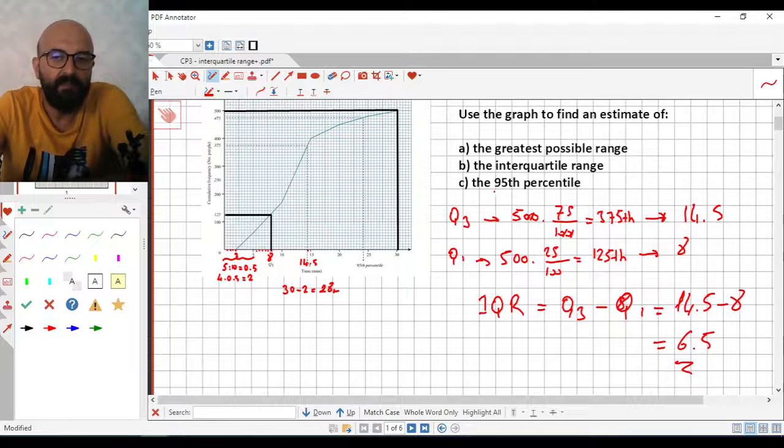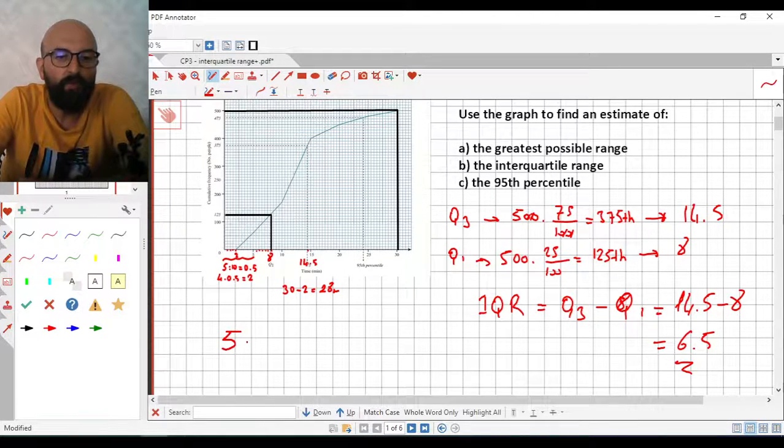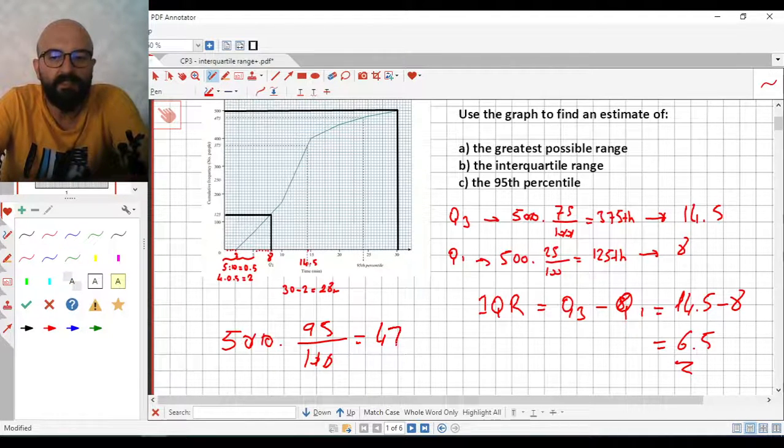The 95th percentile. For the 95th percentile, we should find 500 multiplied by 95%, and it means the 475th person.